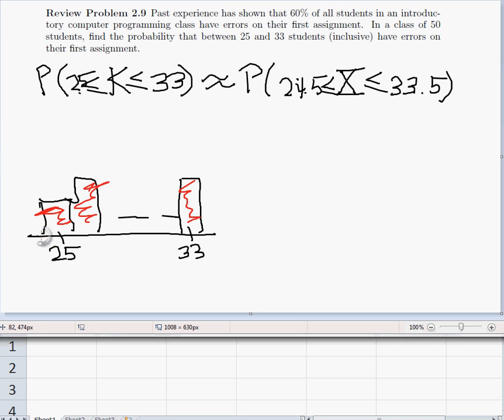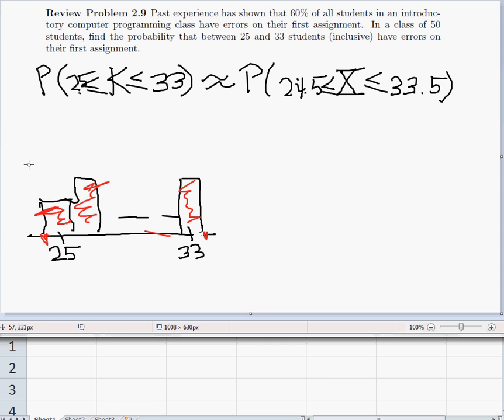The left edge is right there at 24.5, while the right edge will be over here at 33.5. And so that's why the edges are at 24.5 and 33.5. Okay, so that is the normal approximation that we're going to use.